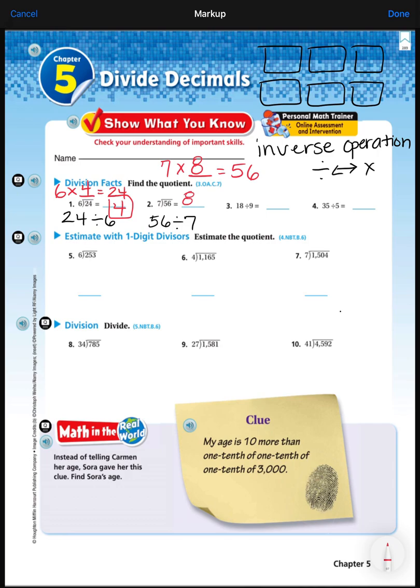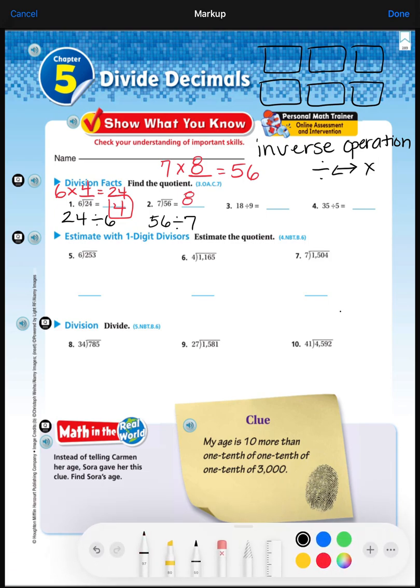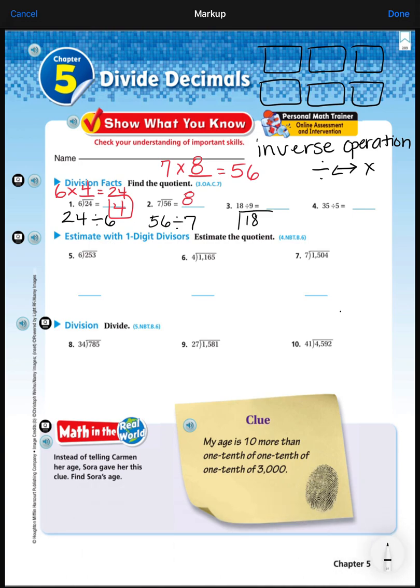Let's just keep moving on and look at the next one, okay? So, 18 divided by 9. Now, this one's written differently than the first two that we did. If we were to write it the way that number 1 and number 2 are written, we'd put our larger number inside the box and the 9 outside the box.